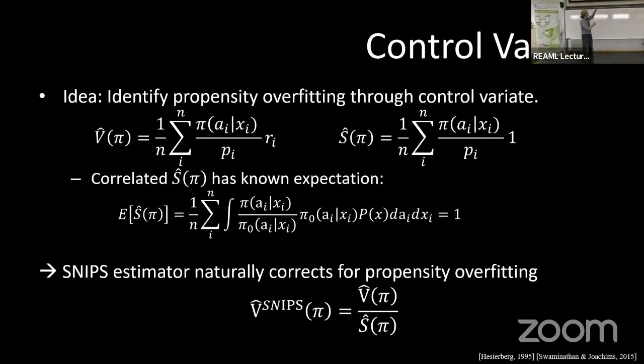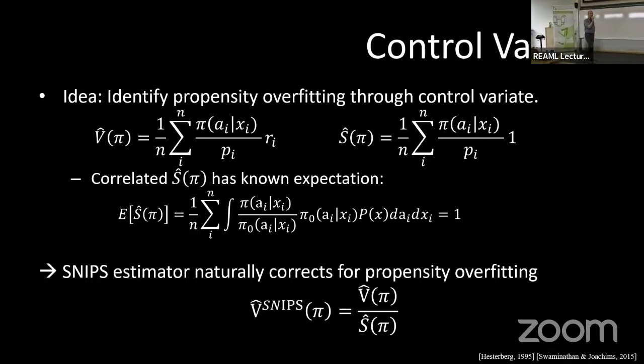And I've just replaced the reward with the constant 1. So this is estimating the value 1 in a very complicated way. But we actually know that S hat has to be 1 in expectation, right? It's just a fancy way of estimating 1.